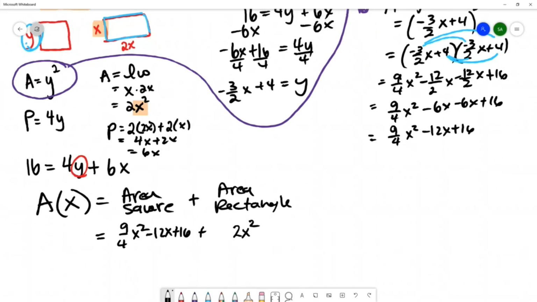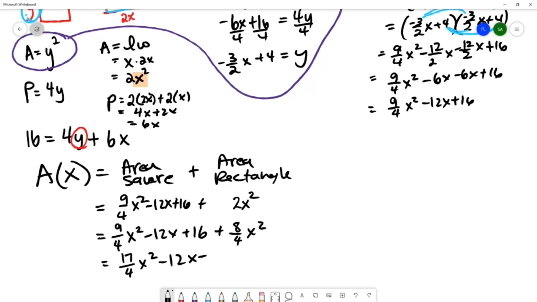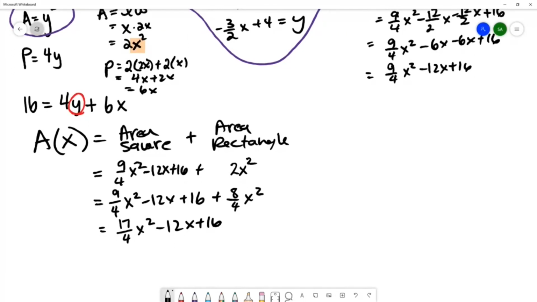Let's add those together. So let's write 2x squared with a denominator of 4. That would be 8 over 4, which is the same thing as 2. And we can add those together to get 17 over 4 x squared minus 12x plus 16. So now we have an area function that represents the total area.